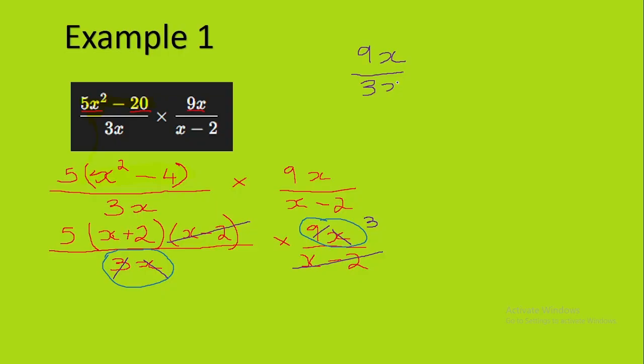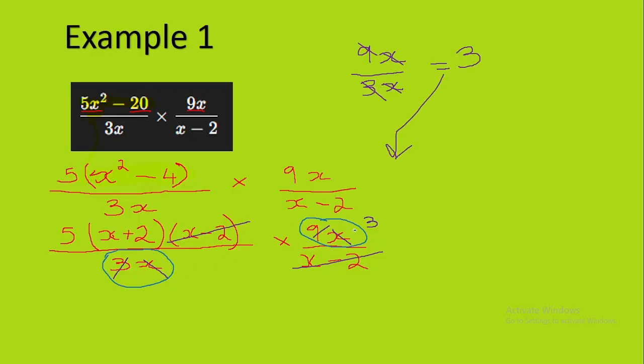I'm just showing you another visual representation of it. If we took 3x from 9x and divided it, x cancels x, and 3 into 9, you'll just be left with 3. So that is exactly what's going on down there.